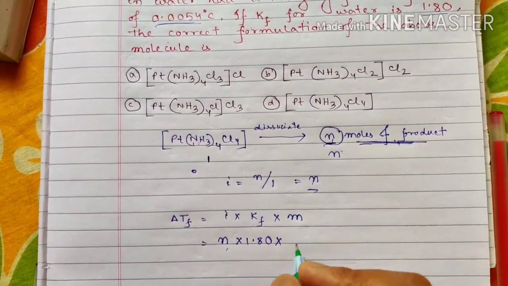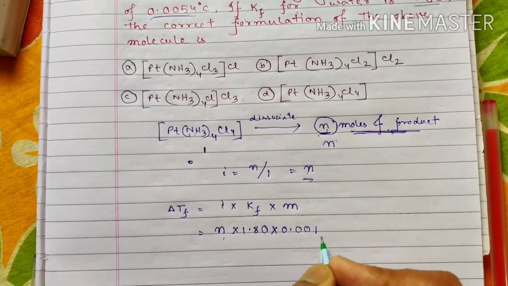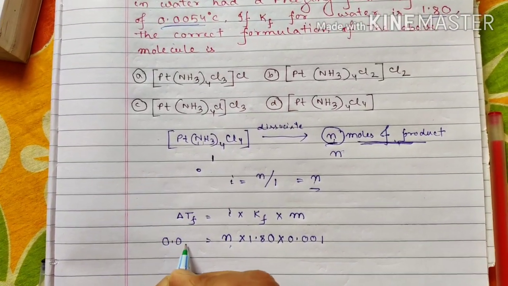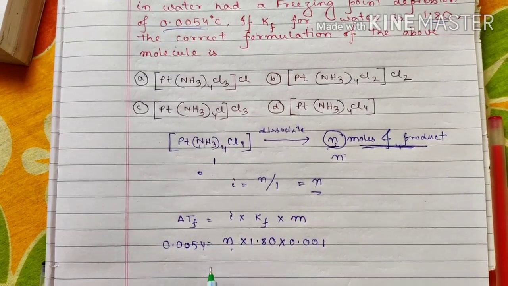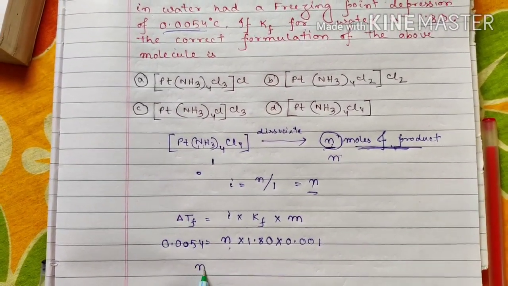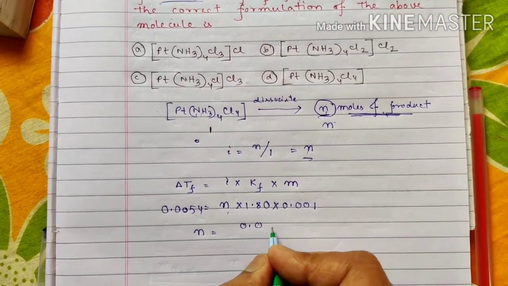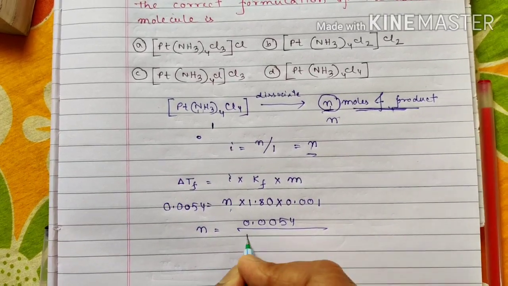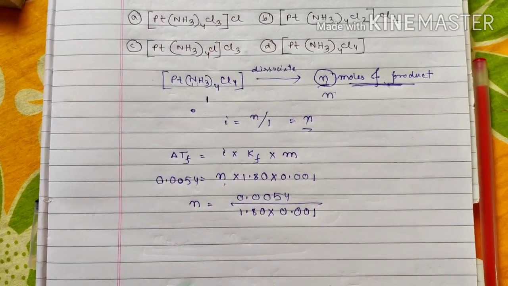So the value of molality will be 0.001, and the delta Tf value is also there, which is 0.0054. Now, if we solve it, n is equal to 0.0054 divided by 1.80 into 0.001. You do calculate.